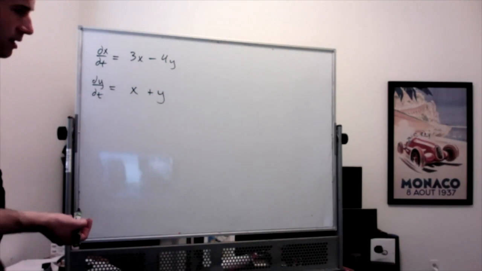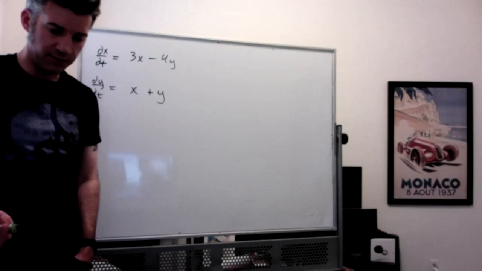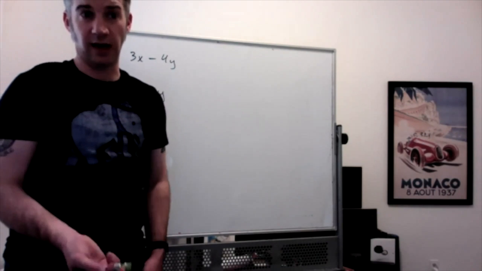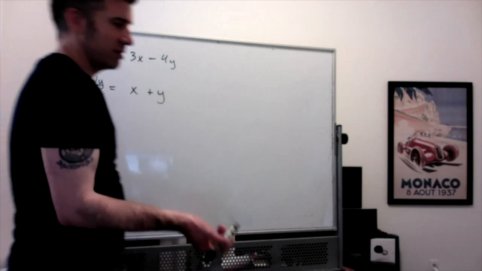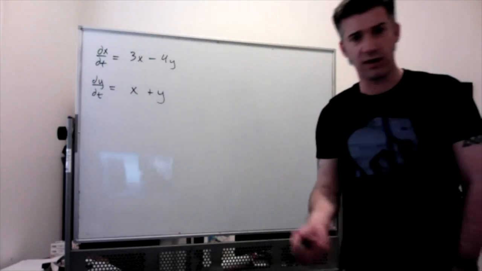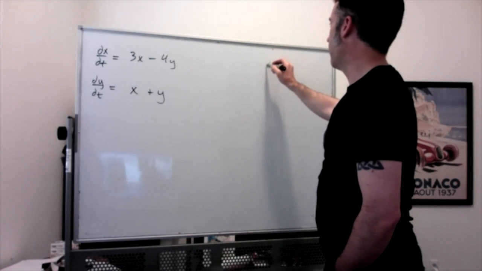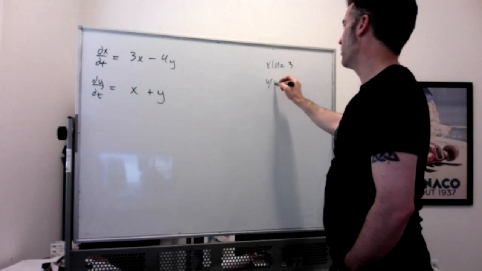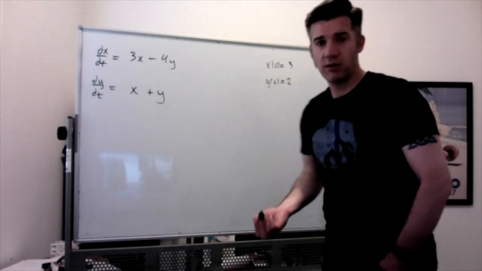And we really want to find the general solution, which means finding the eigenvalues and the eigenvectors. And let's say we have some initial conditions, which I'm going to make up and probably end up being terrible. Let's say we have x of 0 equals 3 and y of 0 equals 2. Probably not going to be great.